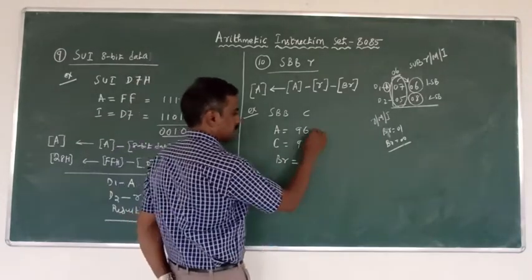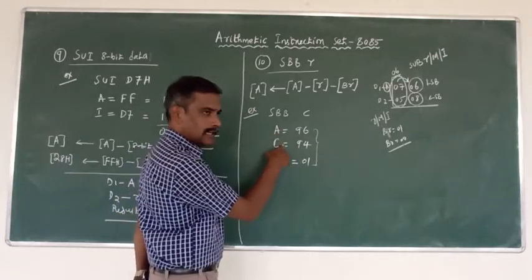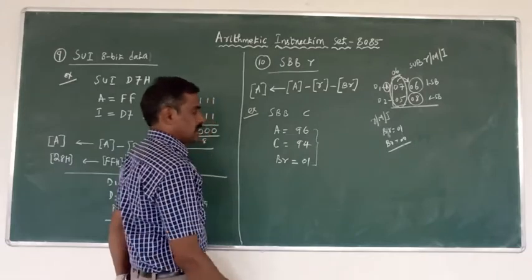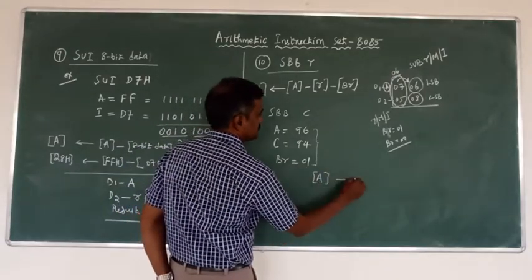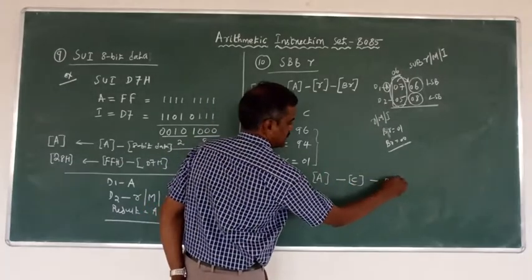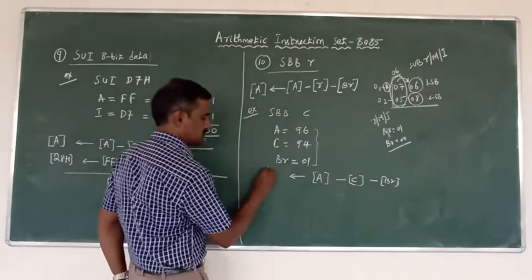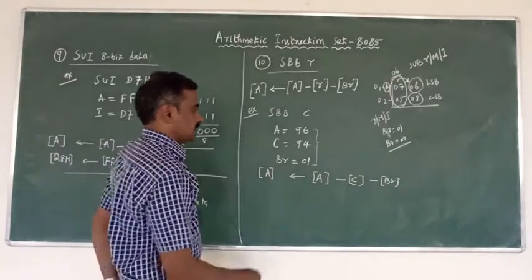Now to subtract all three data, always accumulator minus register content with borrow status. Okay. Now A register data minus C register data minus borrow status. The result is always moved to the accumulator.